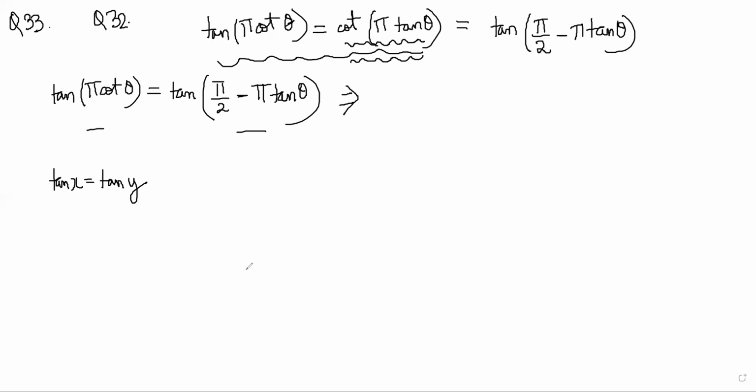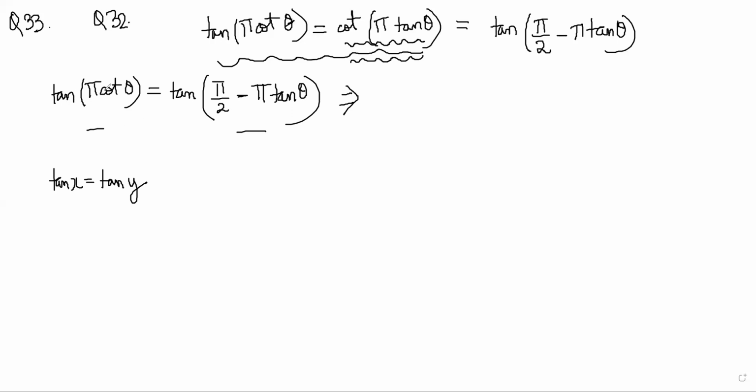For tan, it's n pi plus the angle. So what will you write here? N pi plus pi cot theta is equal to what? N pi plus pi by 2 minus pi tan theta.